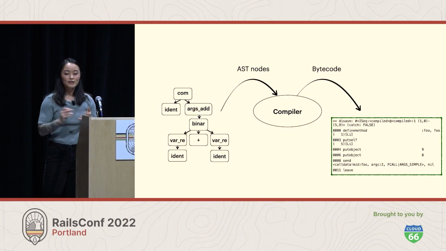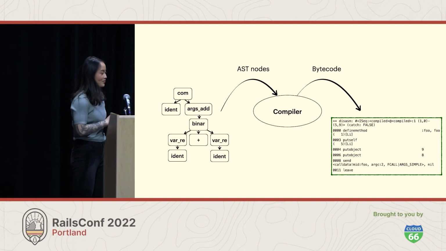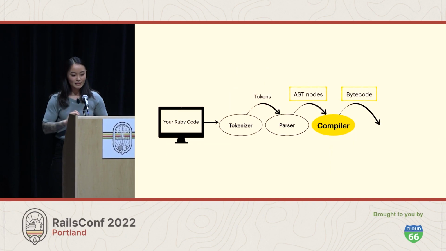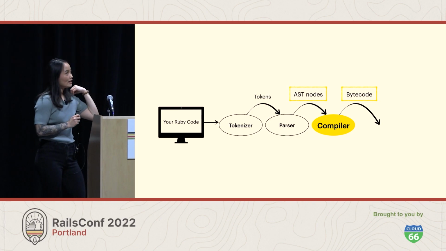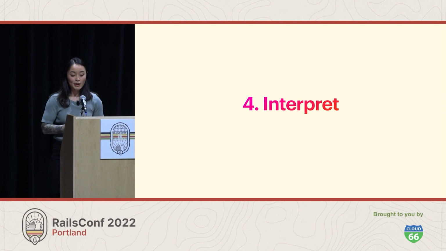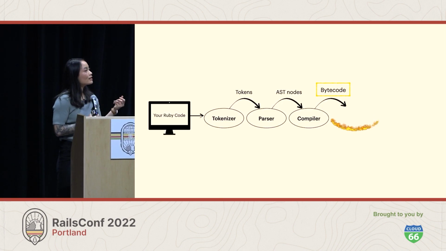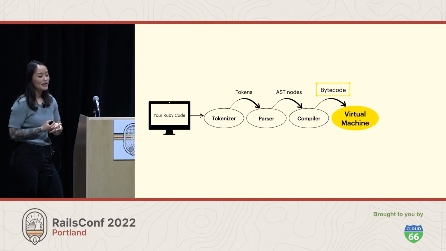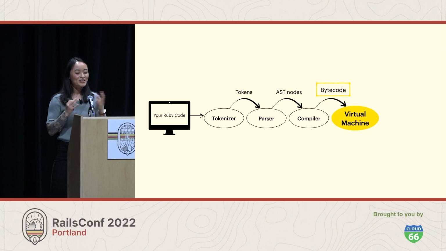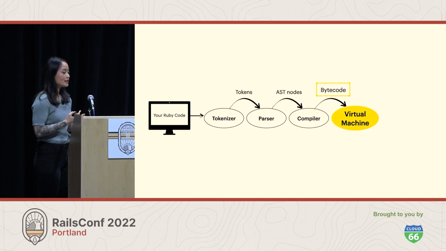All right, so this is the compiler, right? Input AST nodes, output bytecode. So this is where the compiler fits into the entire process. And finally, we have the interpret phase, where we take the bytecode and interpret them. And we do that by using something we call a virtual machine, or the VM, which is probably what you're here for. A virtual machine is a software that emulates a computer system.